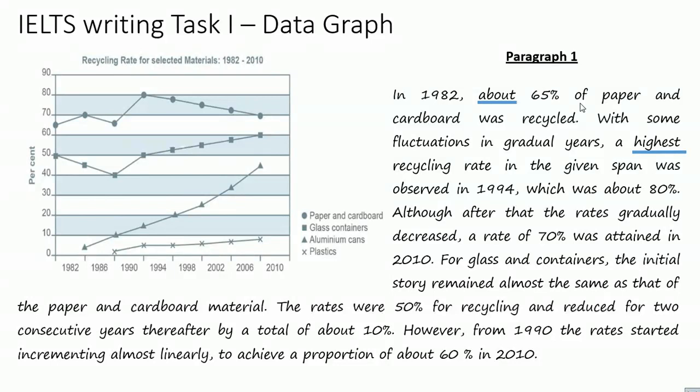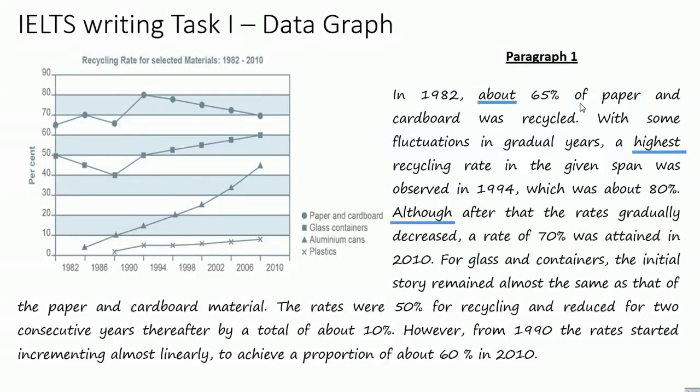I did not explain the fluctuations very deeply because that would have costed me a lot of words. I just wrote that there were some fluctuations in gradual years, but it attained a highest in 1994, which was about 80%. I have again used the word about, and I have used it throughout my paragraphs. Please take a note of that.